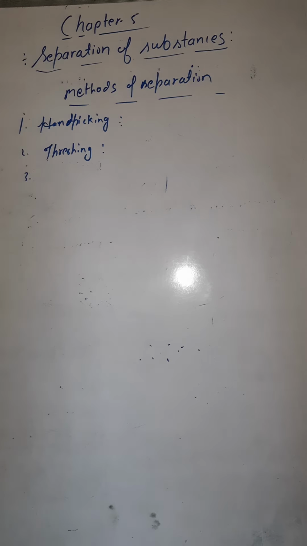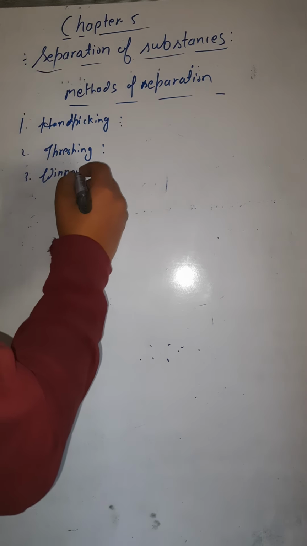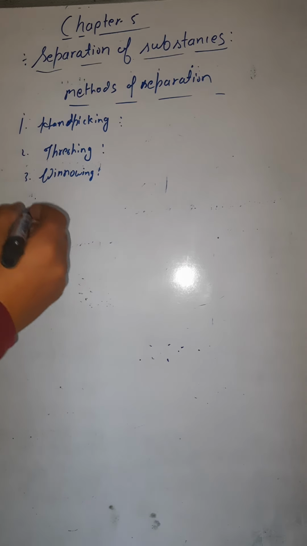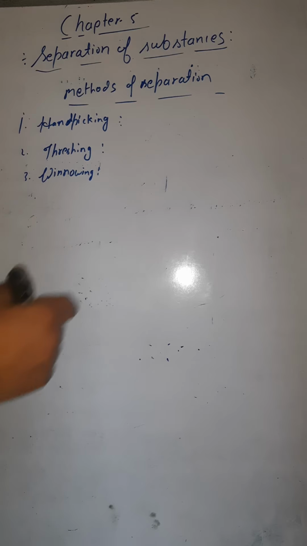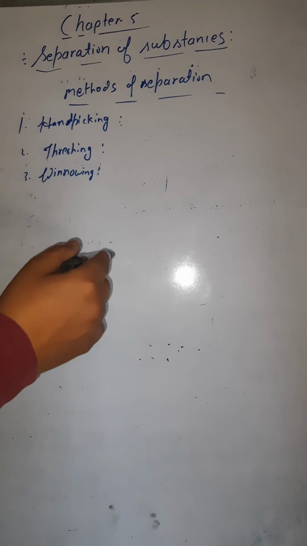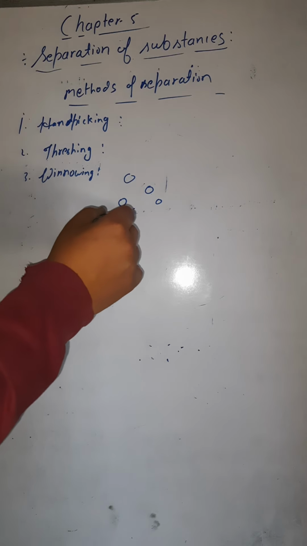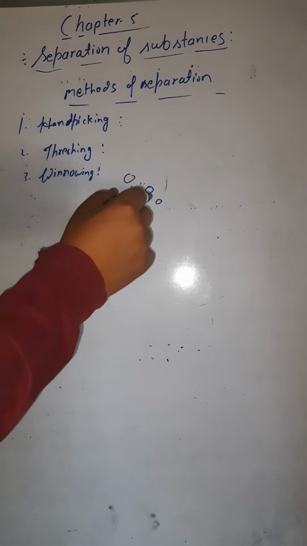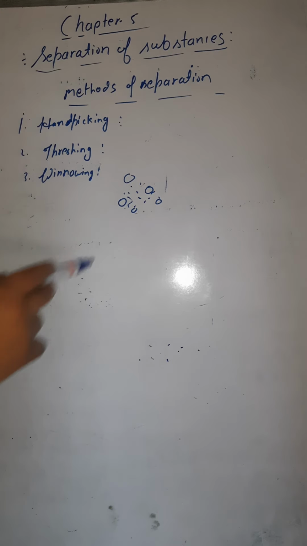Okay, now the third process is the winnowing process. You already know about the winnowing process. Here you are separating the lighter particles from the heavier ones. Suppose you have a mixture of some heavier particles and some lighter particles, and you want to separate the lighter particles from the heavier particles.